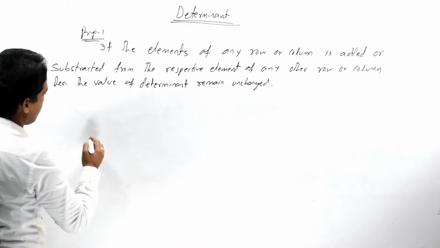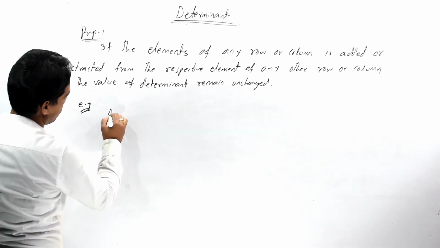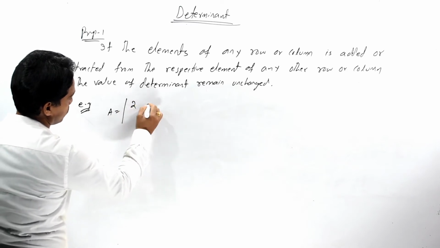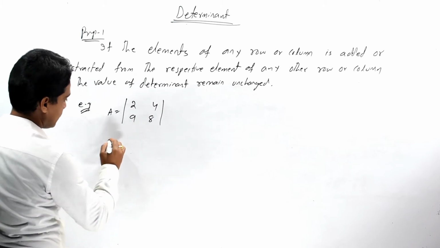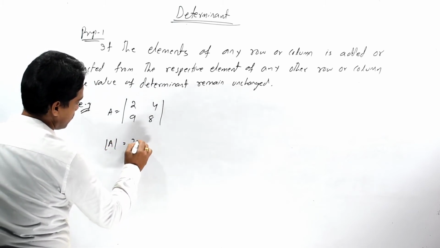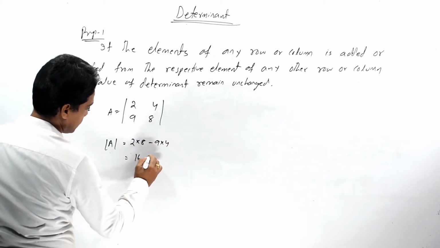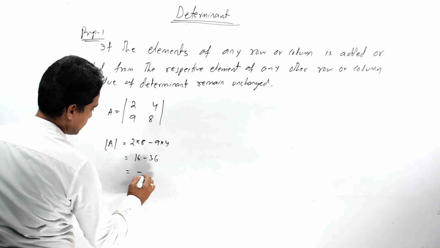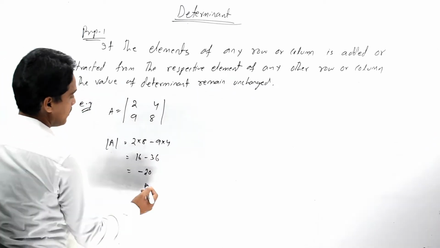So let's take an example. Suppose our original determinant is 2, 4, 9, 8 and its value is 2 into 8 minus 9 into 4, that is 16 minus 36, that is minus 20.